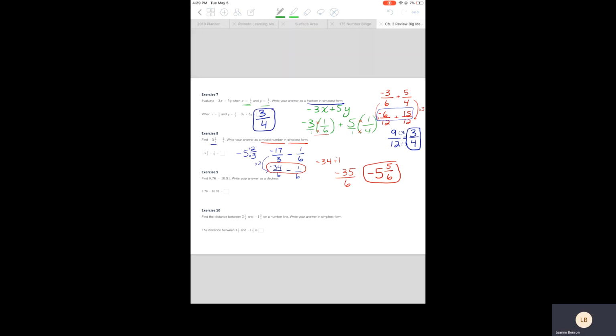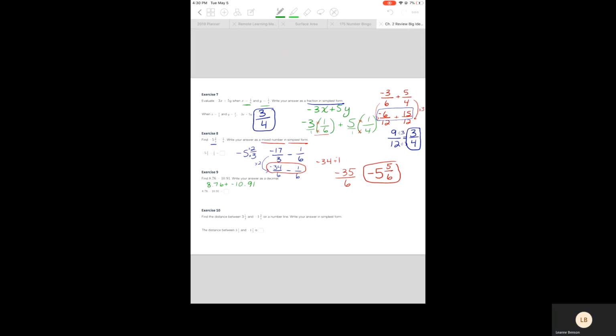For number 9, we have a decimal question. Same kind of thing. I know that my answer is going to be negative because the 10.91 is bigger and that has a negative value. This is really the same thing as doing 8.76 plus negative 10.91, right? If I'm subtracting one value, it's the same thing as adding a negative.